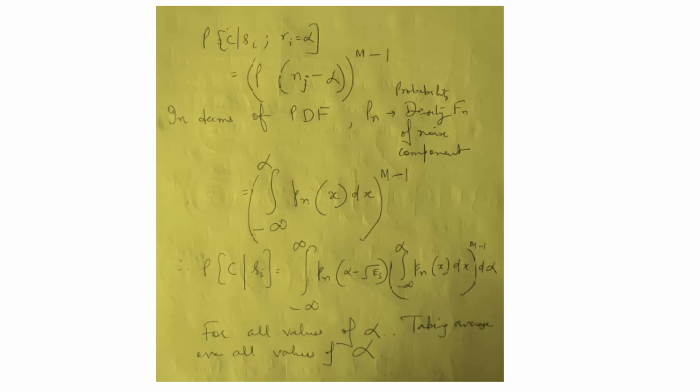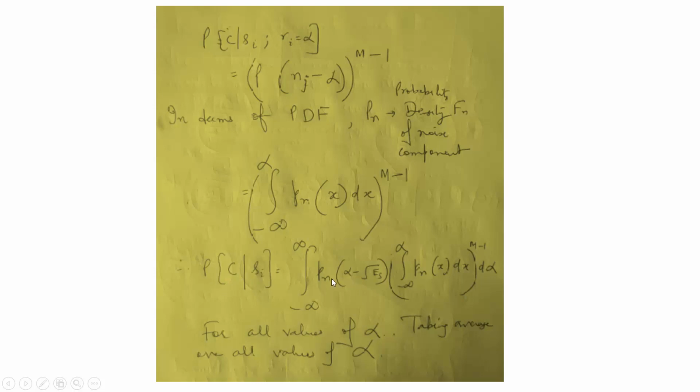Now, this is the probability of making the correct decision. In terms of PDF, this is given by the integral from minus infinity to alpha of Pn(x) dx raised to the power capital M minus 1. So Pn is the density function of the noise component, right? If we replace this probability density function in this expression, what is the probability of correct decision given Si was transmitted?